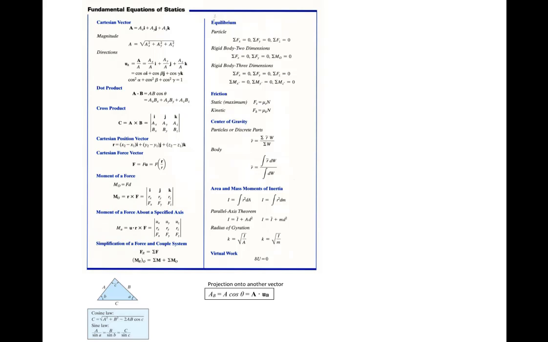This sheet will be provided to you on exams. It also has a reminder of the cosine law and the sine law, and the dot product with its generic description, and the projection onto another vector may also be helpful.